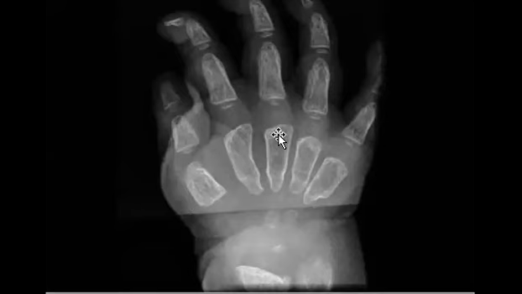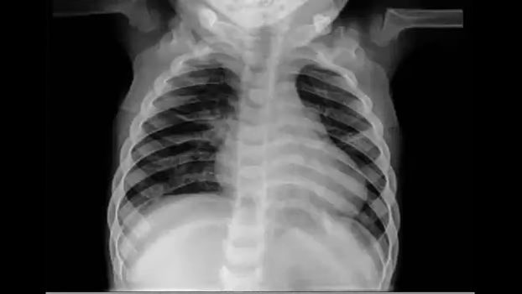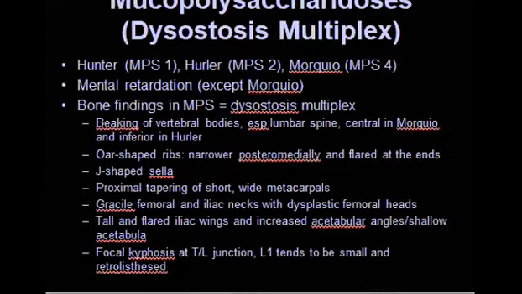So all these criteria, this is what is called mucopolysaccharidosis. And you know the types already.